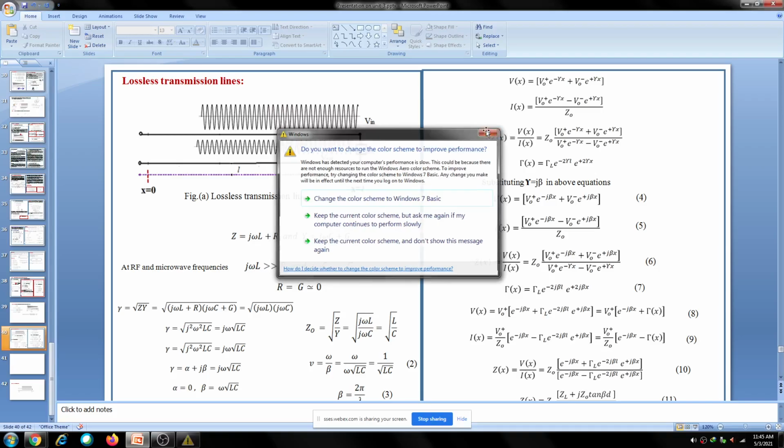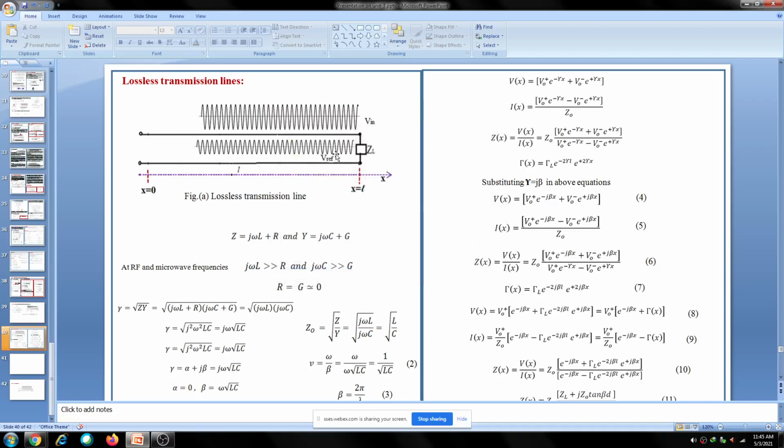Once generated, as the wave travels, its amplitude does not decrease; it remains the same because alpha is 0. It is lesser in amplitude, but it is not decreasing with respect to distance.